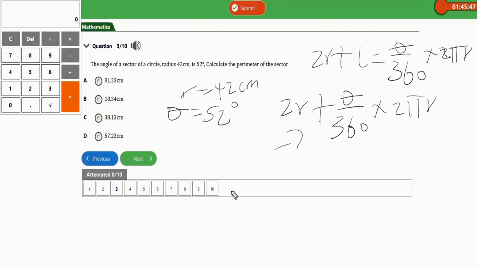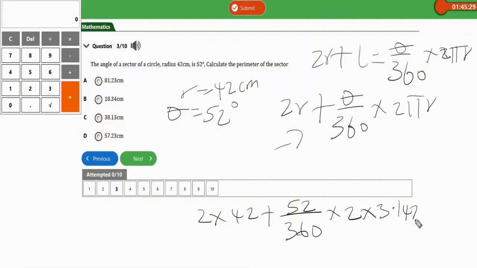This is going to give us 2 times the radius 42 plus, now theta is 52 over 360 degrees, times 2 times our pi, 3.142, times the radius 42. Okay, so let's punch this in the calculator.